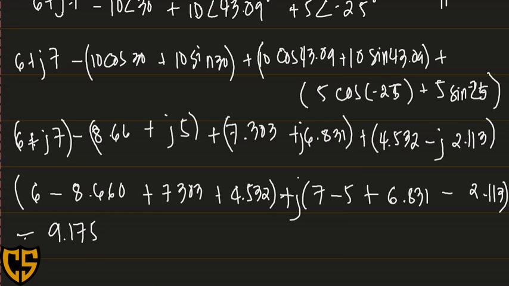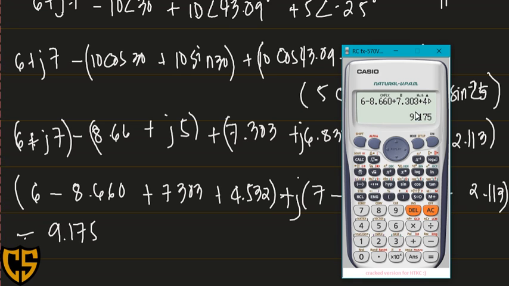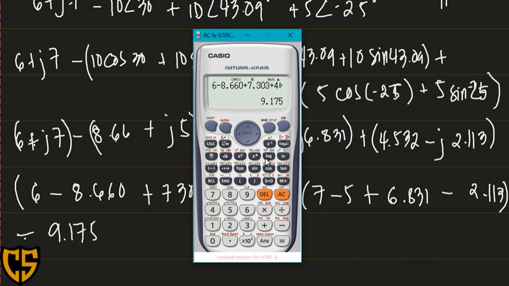Now for our imaginary part, we have 7 minus 5 plus 6.831 minus 2.113.